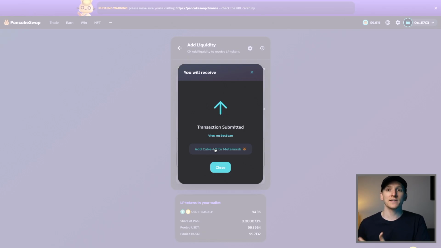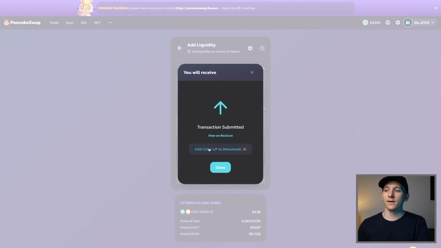This is basically a receipt, and it tells you how much of the pool that you own, so that when you come to withdraw your tokens, it will say, okay, we know that you own 1% of this pool, so we're going to give you 1% back. But also your fees are paid out based on how much of the pool that you own. So if the pool earns $1,000 and you own 1% of the pool, you'll get 1% of that $1,000.